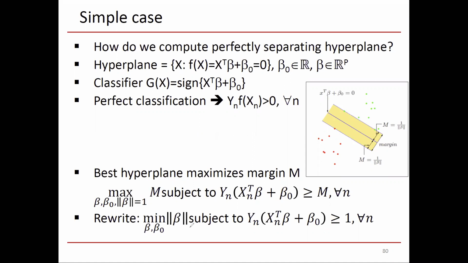We're minimizing the L2 norm of beta, subject to that function always being greater than or equal to 1. By always, I mean for all n. And greater than or equal to 1 is equivalent to greater than or equal to the margin M, when instead of the norm being constrained to 1, now we're going to get the smallest norm that we can.